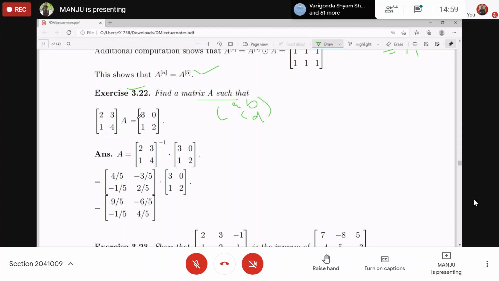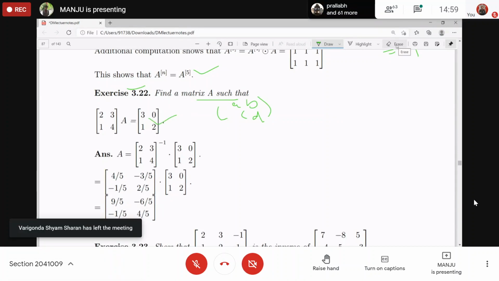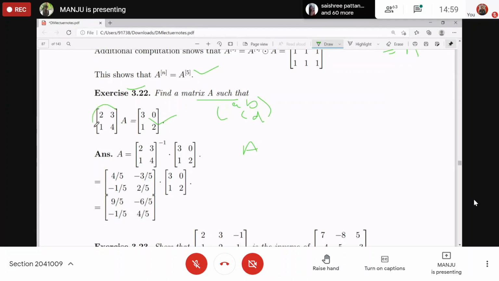Multiply it, get the 4 equations, compare and calculate a, b, c, d. Or you can multiply by the inverse of this matrix on both sides, which gives identity into A, that is A. The inverse of this matrix is the adjoint divided by the determinant. The determinant is 5, and the adjoint is obtained by swapping the diagonal entries and changing the signs of the others.